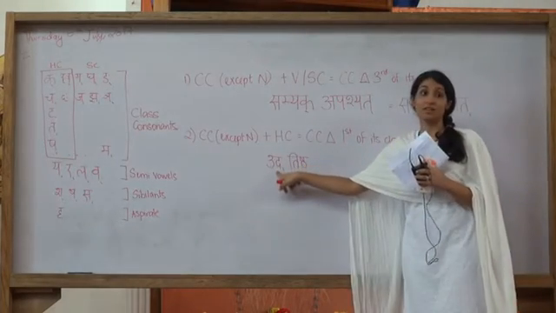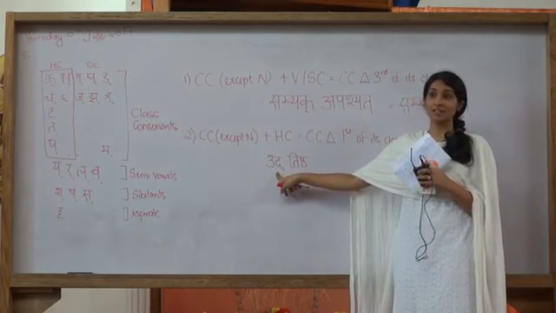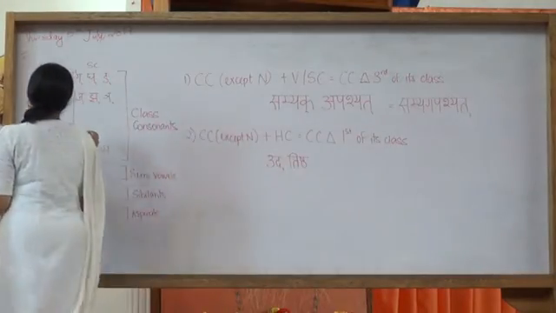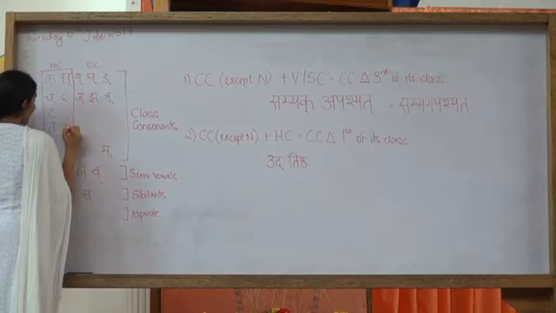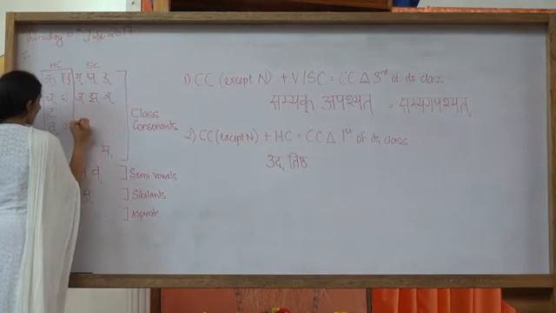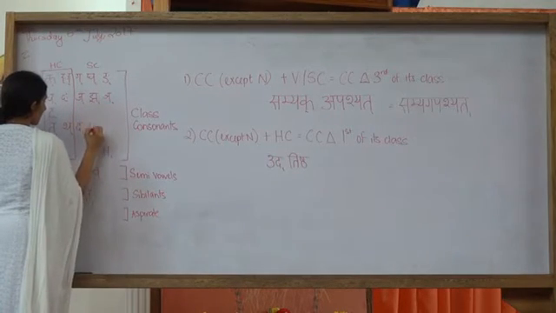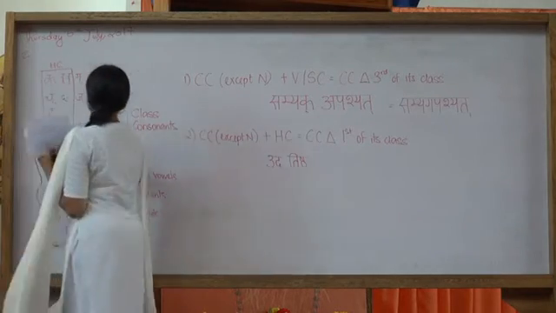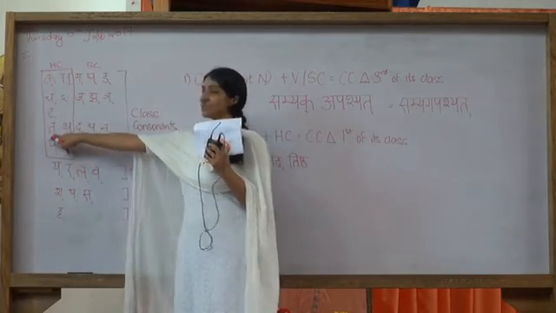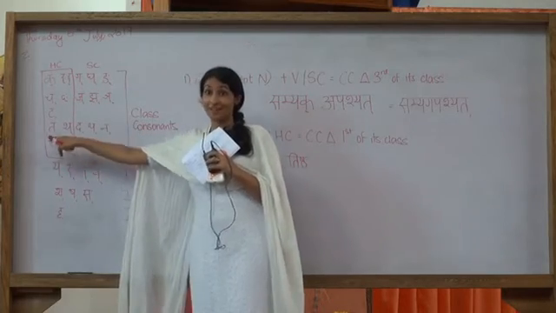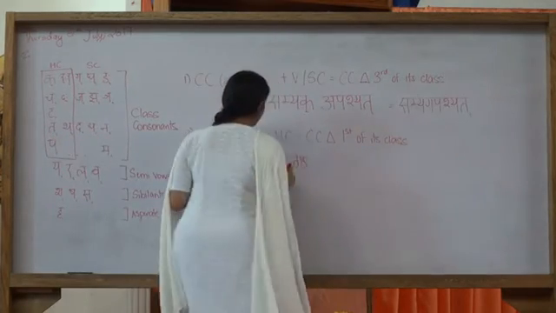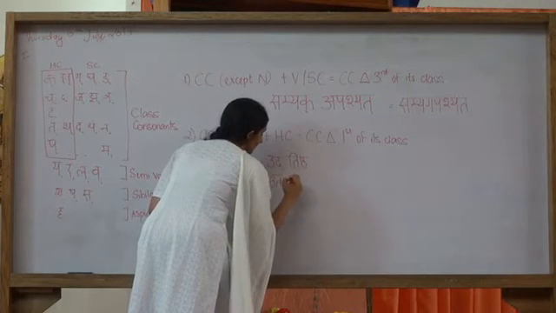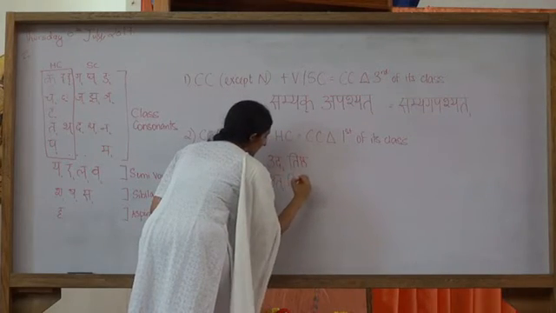So the first one in the class is what? In the class, the first one is a ta, right? So then this will become uttishta.